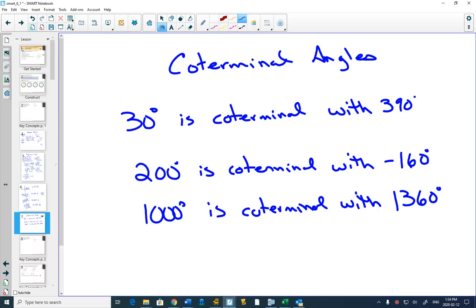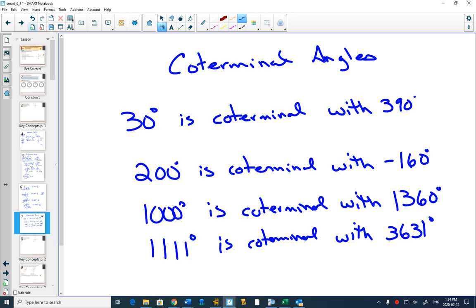And now we have to see if we can figure out what it means when two angles are coterminal. Should I give you another one that's not helpful? Yeah, why not? There we go. 1,111 degrees is coterminal with 3,631 degrees.